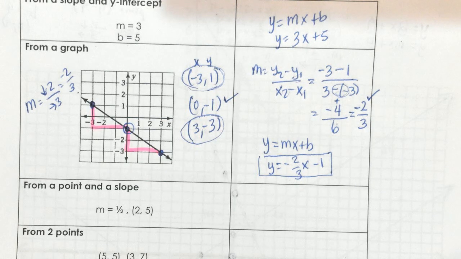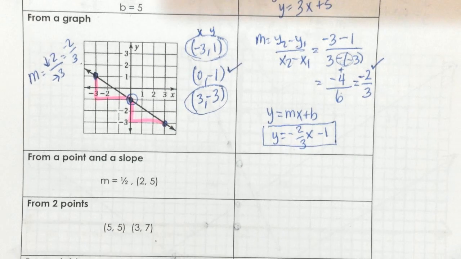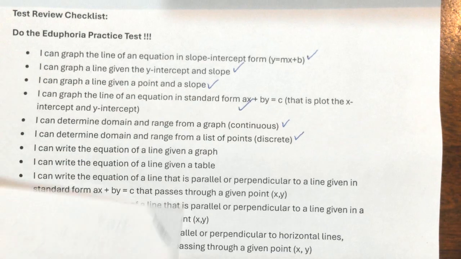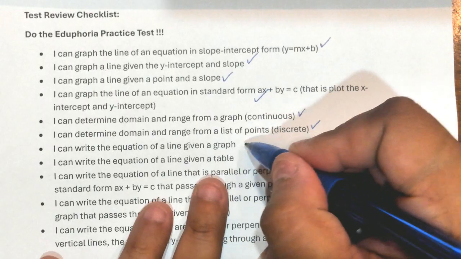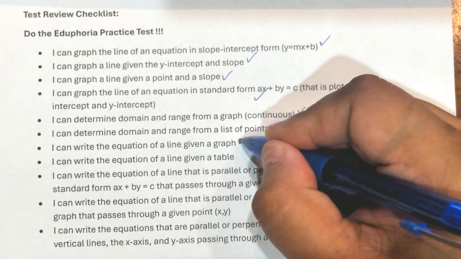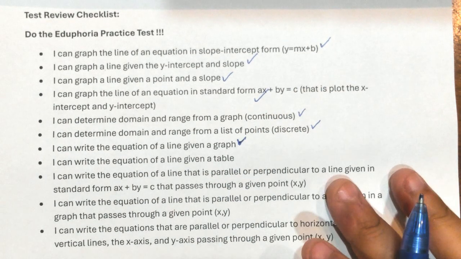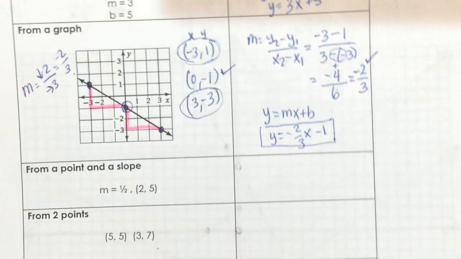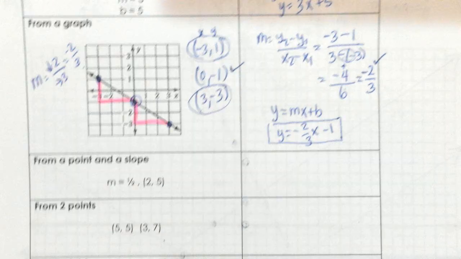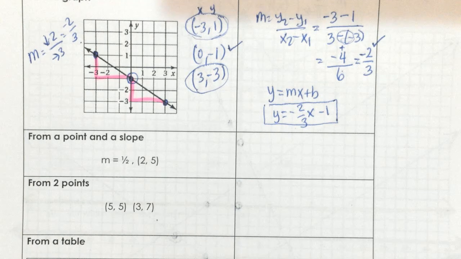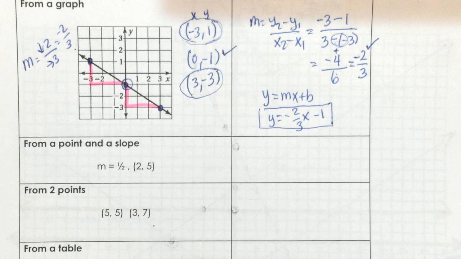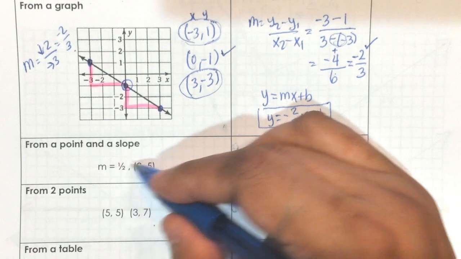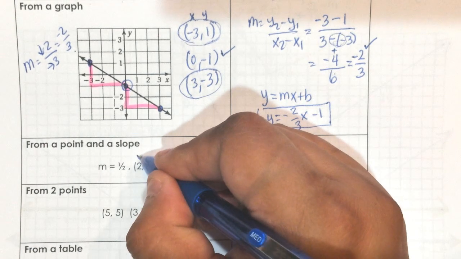Okay, a point and a slope. So, can you write an equation given a graph? Yes. Can you write an equation if I give you a point and a slope? Well, yes you can. If you're just given a point and a slope, this is your x, this is your y.